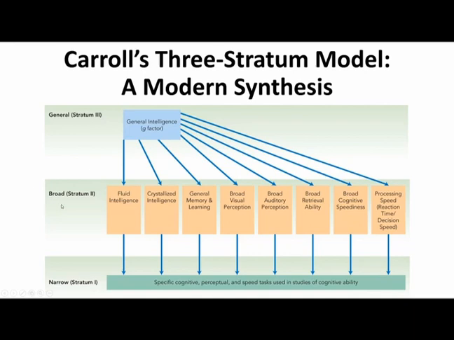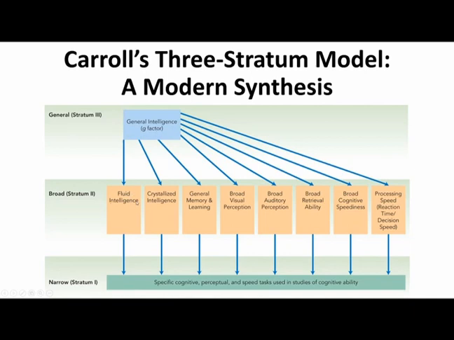And our second stratum, our broad intelligence, on this second level here, is arranged from the most closely related, or the most strongly influenced by G, our G factor, with fluid intelligence. And as we move from left to right, these arrows get longer, meaning that these different categories of intelligence are less and less closely related, less and less correlated to our general intelligence, or G factor.